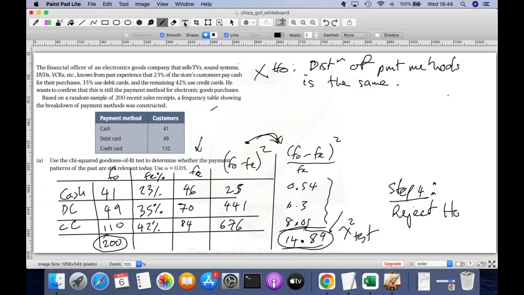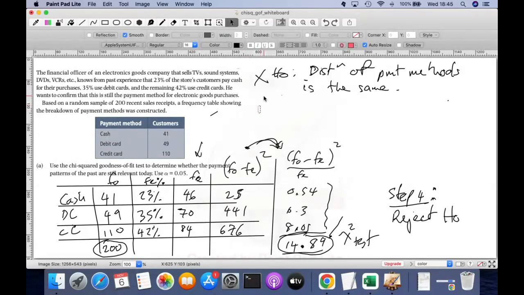And so now we're going to write it in words. This is our step 5. We always start off with a level of significance.